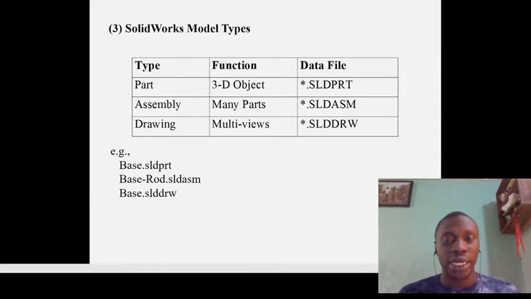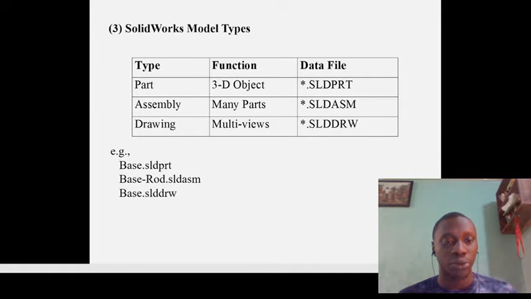And we can see that the data file for the assembly is .sldasm, and the drawing type has multiple views. The file extension of the drawing is .slddrw. We can see the name of a part is base.sldprt.